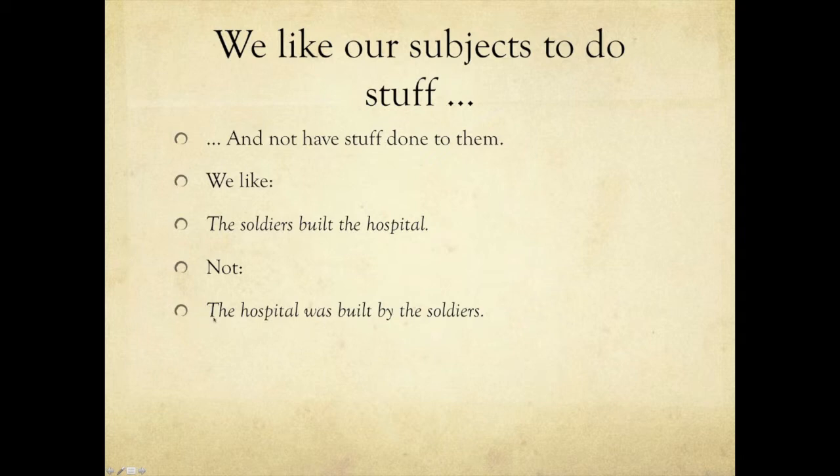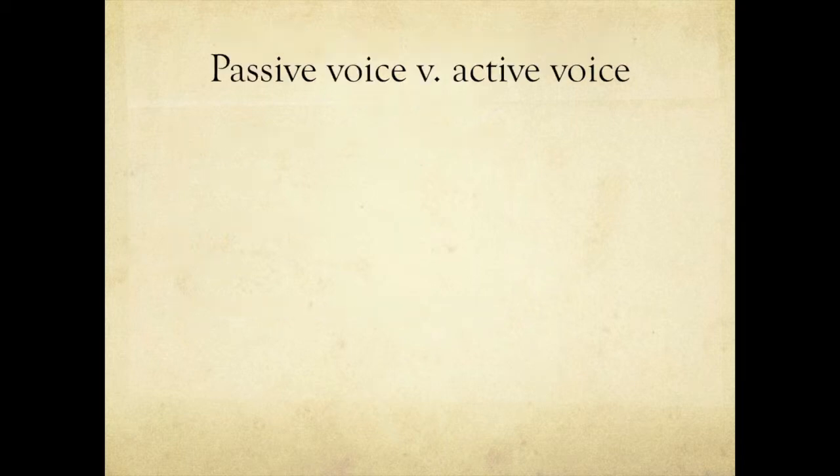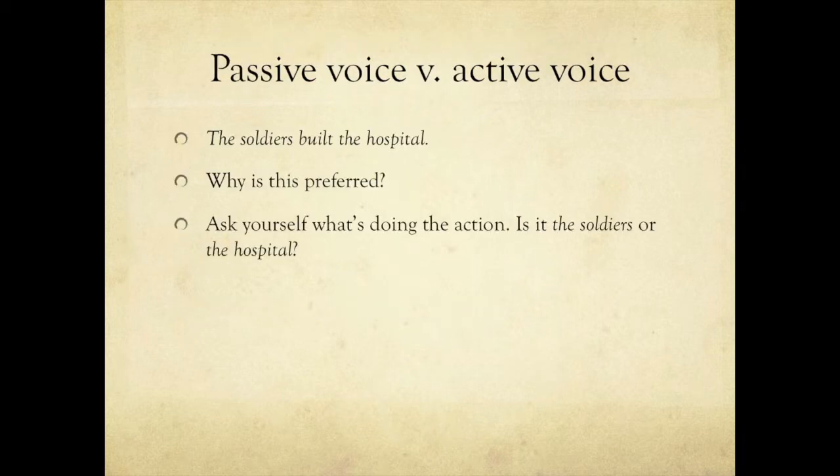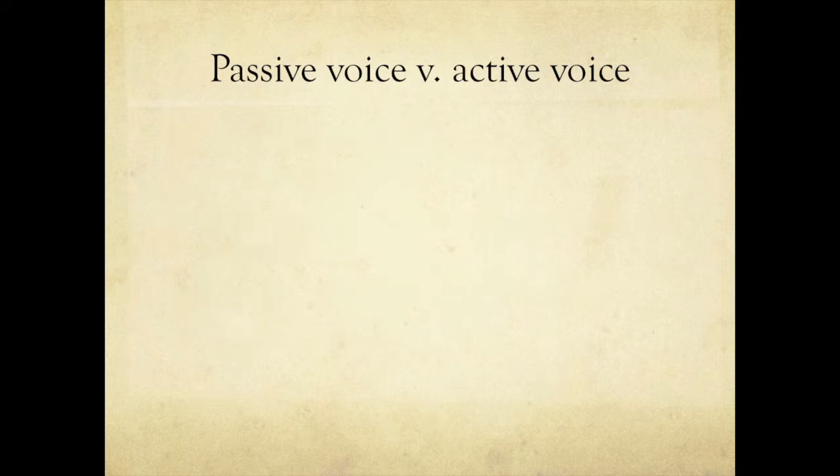So we'll go through a little more of the mechanics here. What we like is for our subjects to do the action and not have something being done to them. So why is this preferred? Well, what's doing the action? Is it the soldiers or the hospital? It's the soldiers, right? They're building something. Now, the hospital was built by the soldiers.